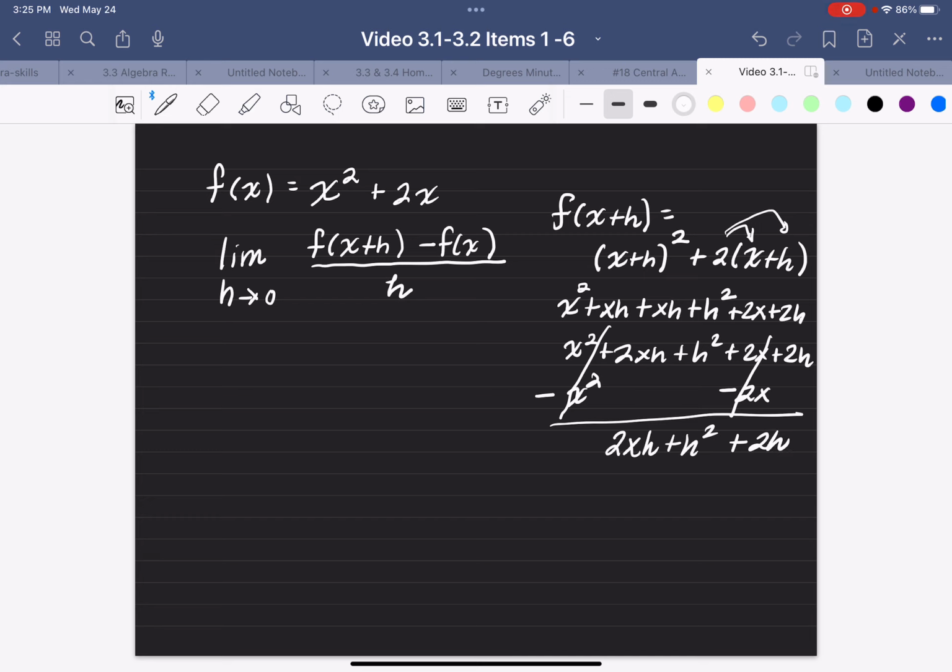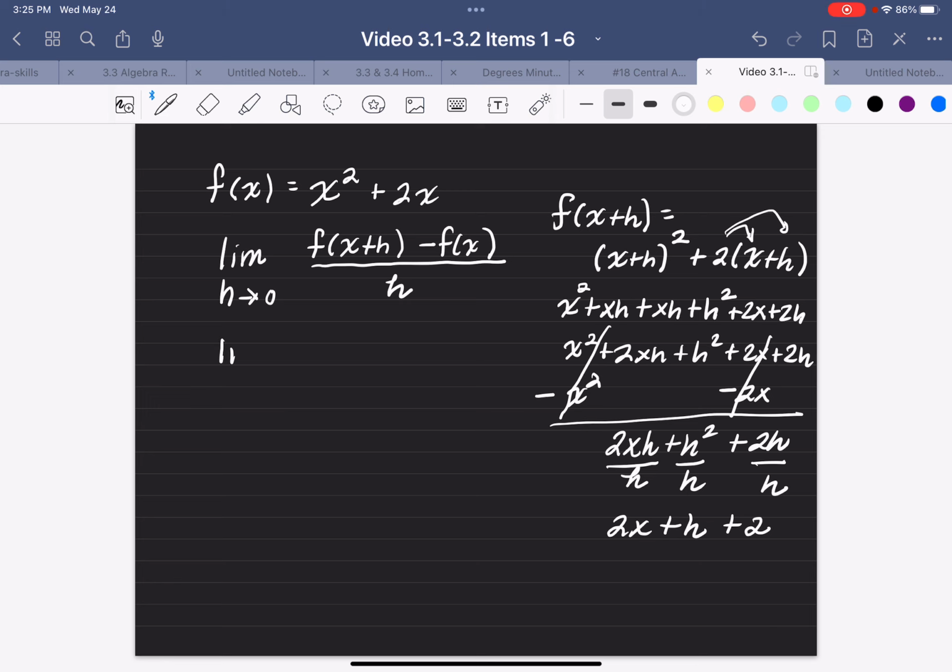Now the last part of the formula says we have to divide that new expression by h. So I have to divide not just the first one, but all of these by h. So I'll divide all of these by h, and I will get 2x plus h plus 2.